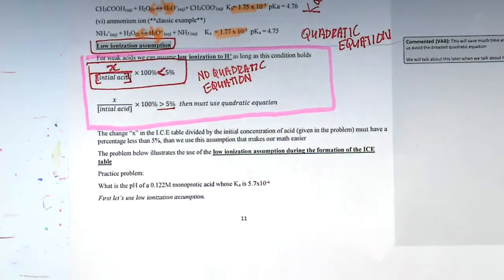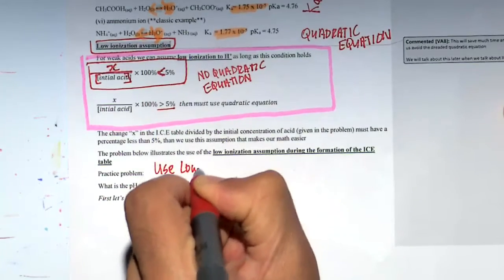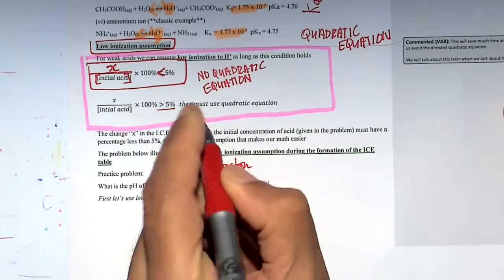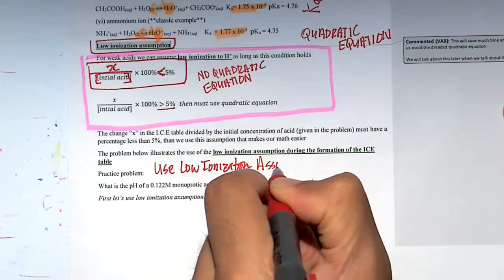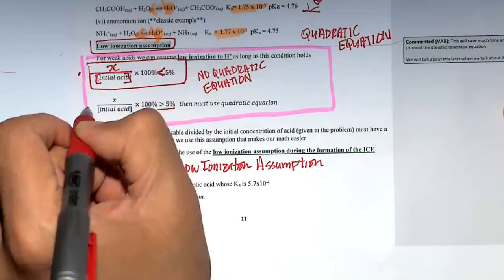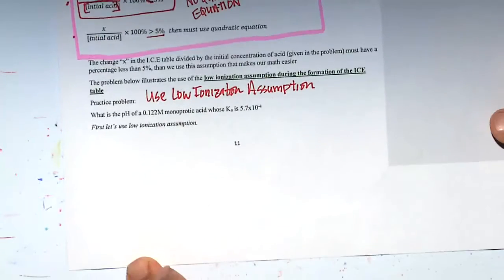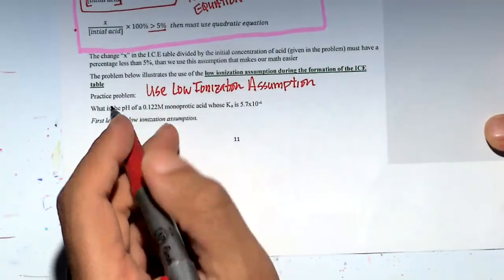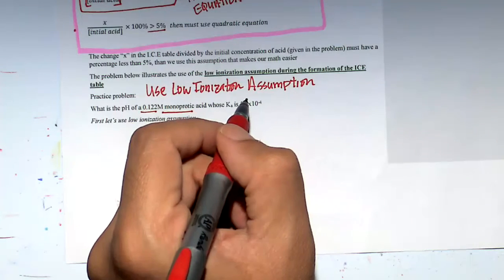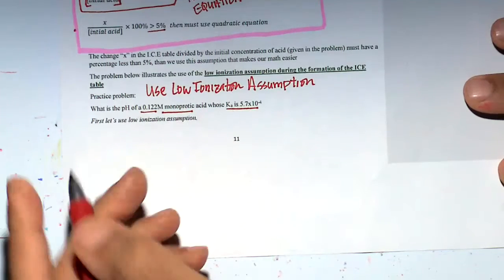So here we're going to use the low ionization assumption. Remember this formula here. Keep it in the back of your mind. What is the pH of a 0.122 molar monoprotic, that means 1 H plus, acid whose Ka is 5.7 times 10 to the minus 4?